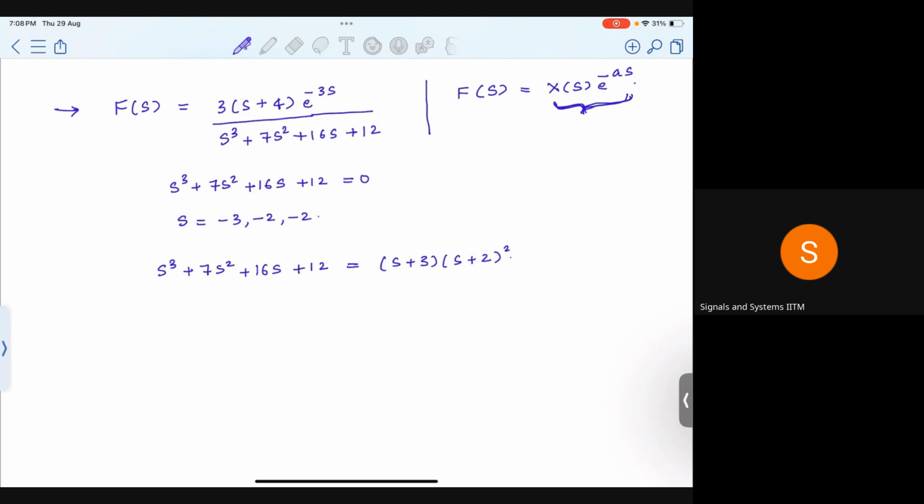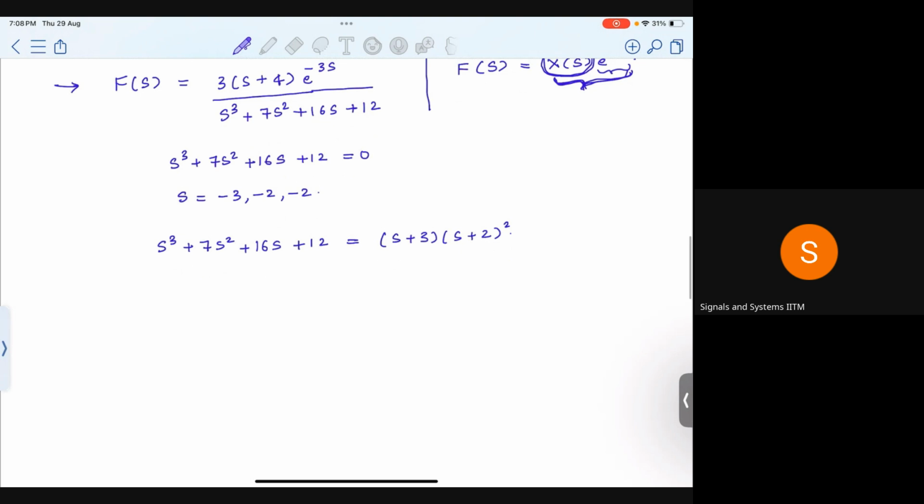When we have an exponential function in front of the actual Laplace transform, we know how to do the inverse Laplace transform. That is the property of the Laplace transform, right? So in such cases, it's always better to first try to find the inverse for this function.